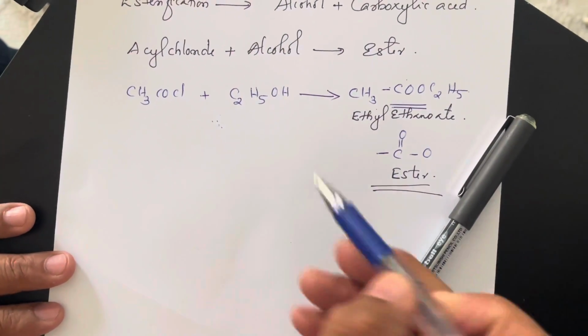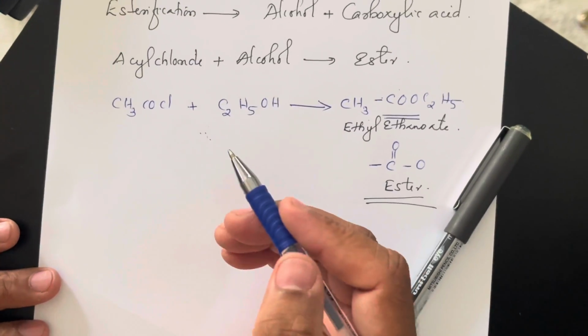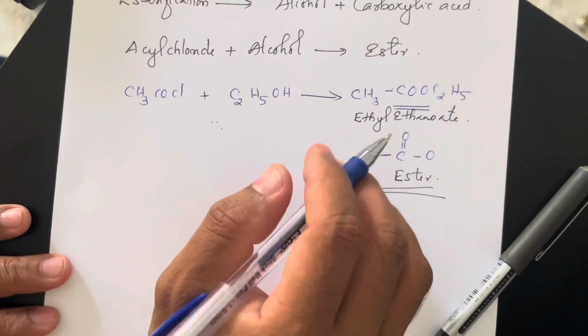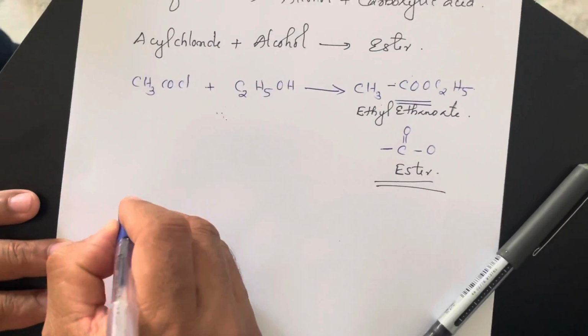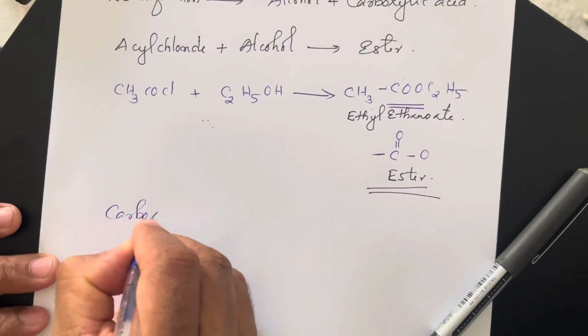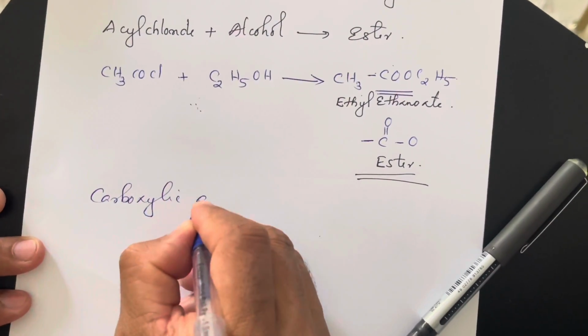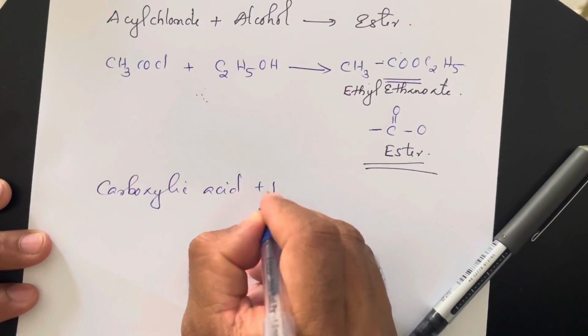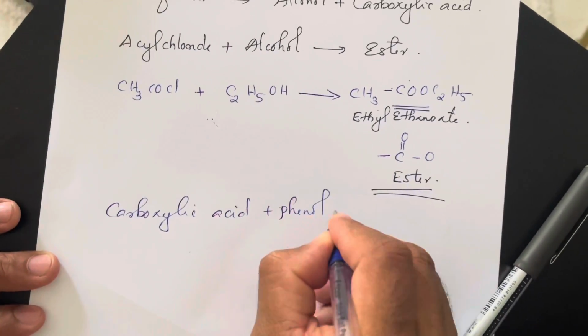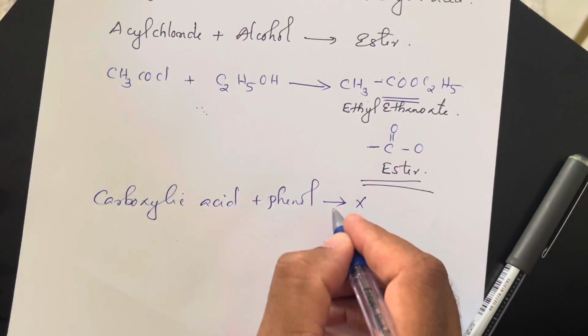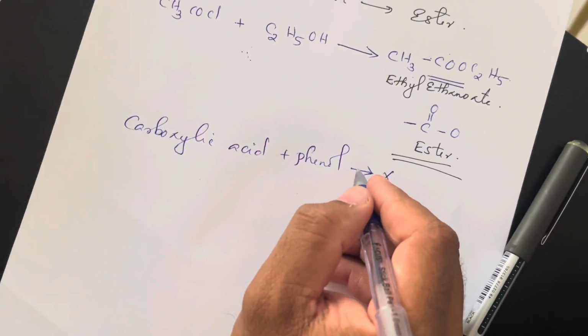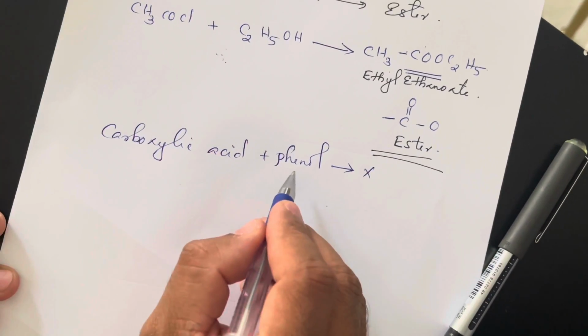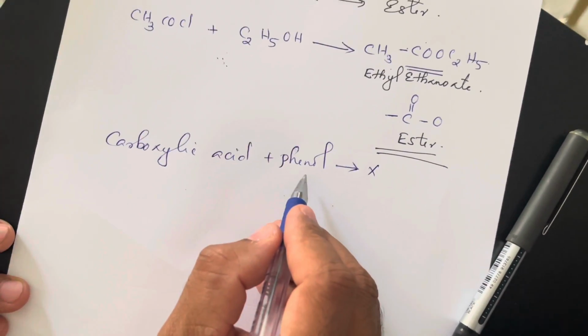Now, with phenol, normally carboxylic acids do not react with phenol. When a carboxylic acid is mixed with phenol, there is no product formed. That is, no reaction takes place between a carboxylic acid and phenol.